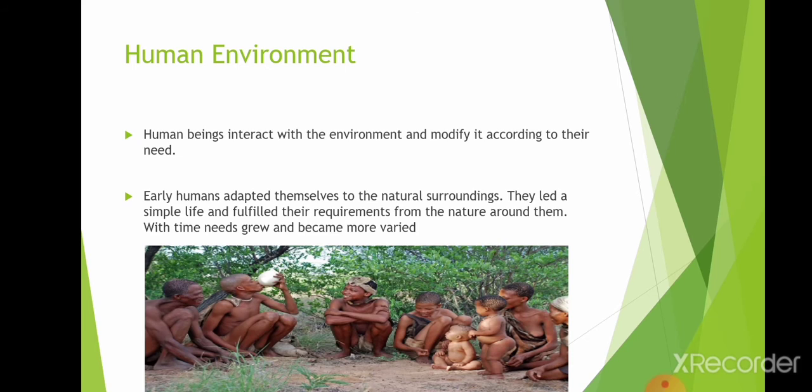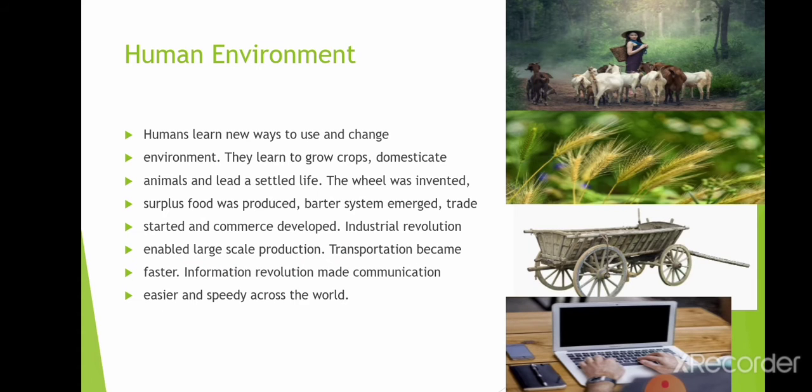When we see it from history, earlier there were human beings called early humans. These early humans had very simple needs of food and clothing. So they used to fulfill their requirements from their surroundings, and there was not much modification of the environment necessary for them. Later on, in the process of development, humans learned new ways to use the environment and to change the environment.